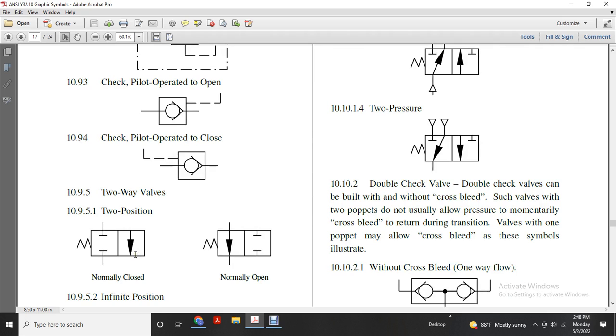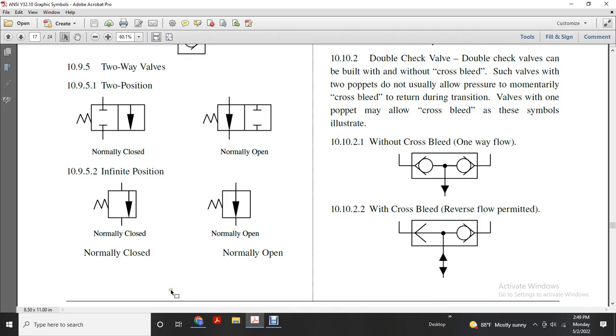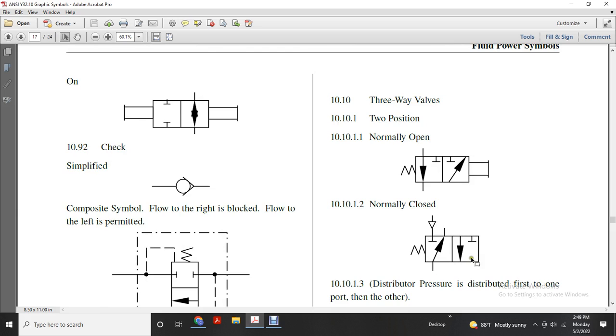Two-way valves, two position, normally closed, normally open. Infinite position, normally closed, normally open. Normally closed, normally open. Three-way valve, two position, normally open, normally closed.